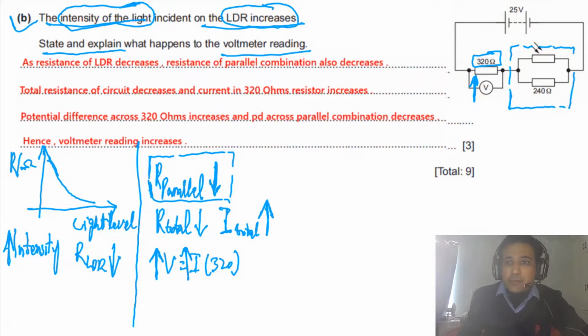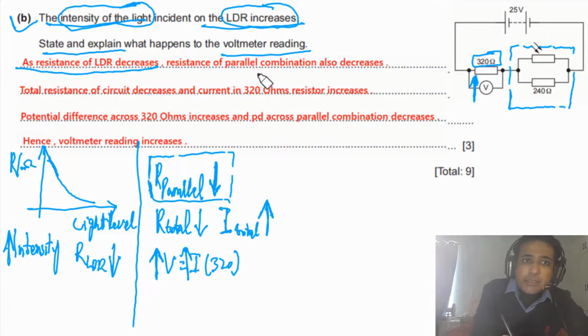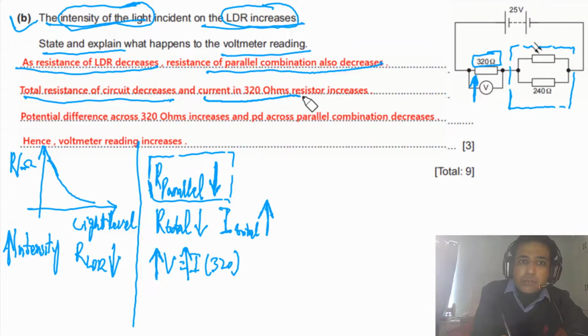In the final answer, we can mention these points we have already discussed. First, we can say as resistance of LDR decreases, resistance of parallel combination also decreases. So, very important point, total resistance of circuit decreases, as we have discussed here. Total resistance of circuit decreases, so current in 220 ohm resistor increases.